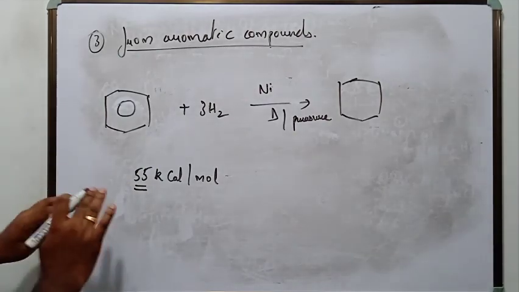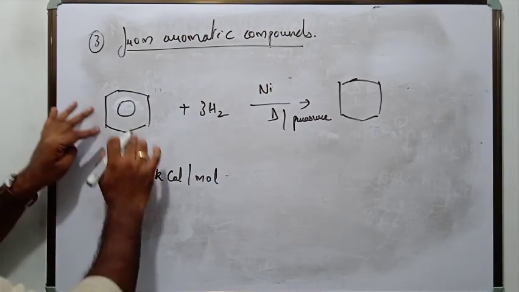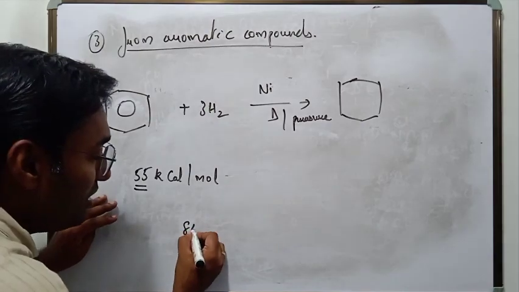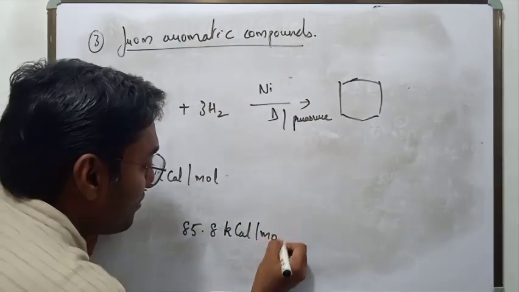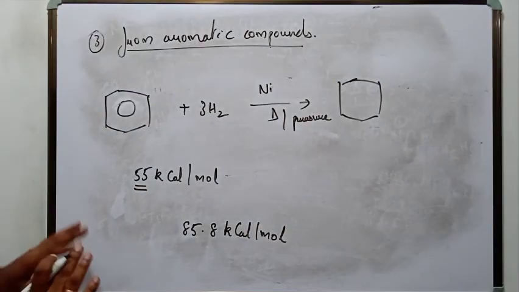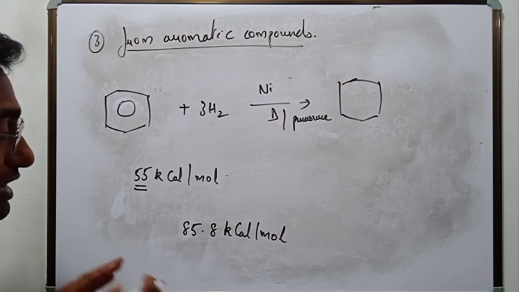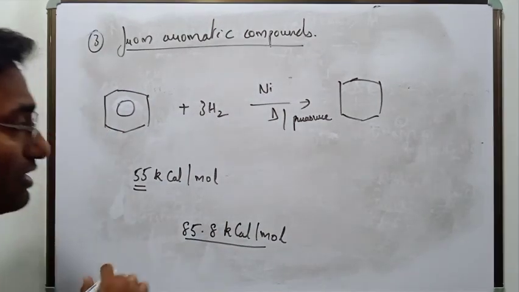If benzene didn't have resonance, if the double bonds of the benzene were static, then 85.8 kilocalorie per mole would have been required for hydrogenation.